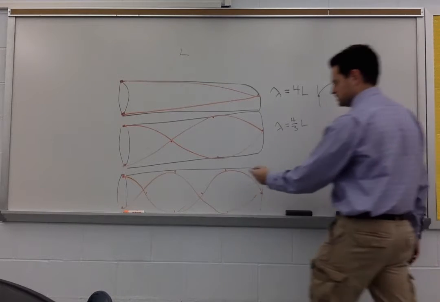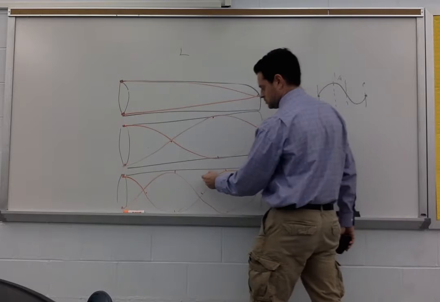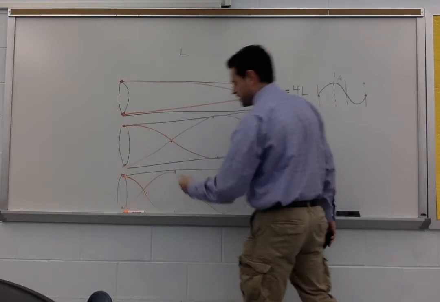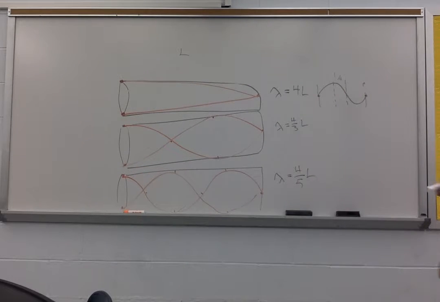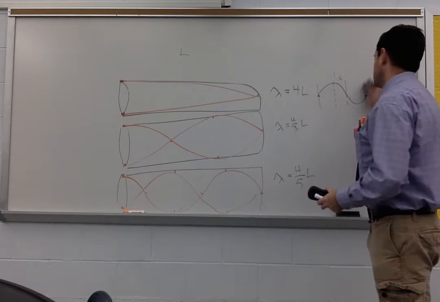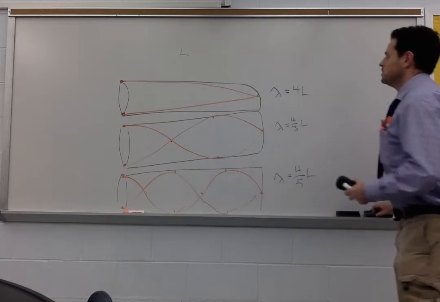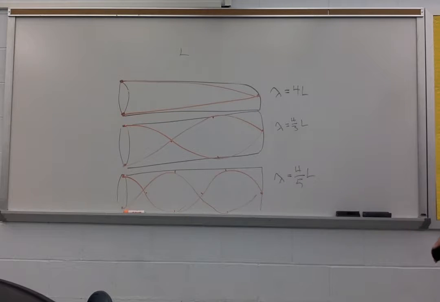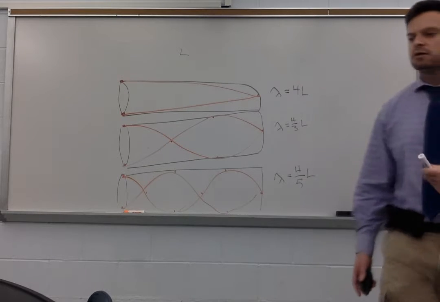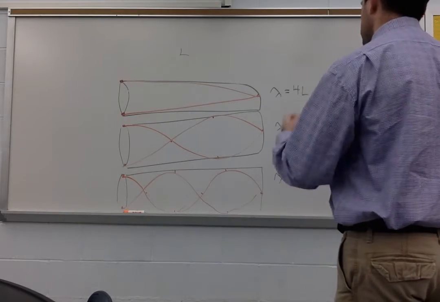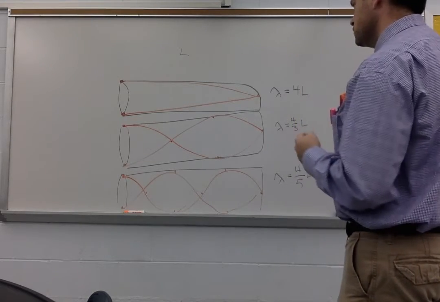This tube is in 5 sections, 1, 2, 3, 4, 5, and the wave takes up 4 of them. In a similar way to how we derived a formula for the wavelength of a particular harmonic in terms of the length of the tube, we can do the same thing for this closed-ended tube.